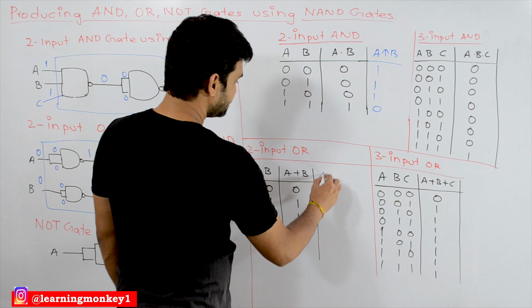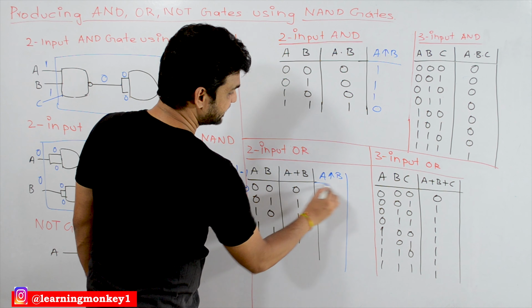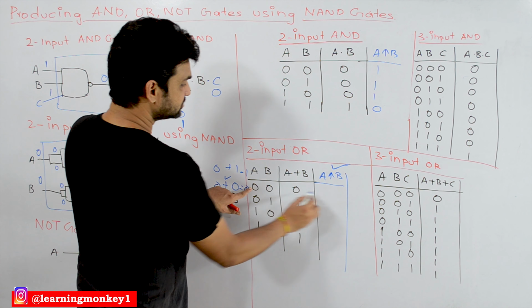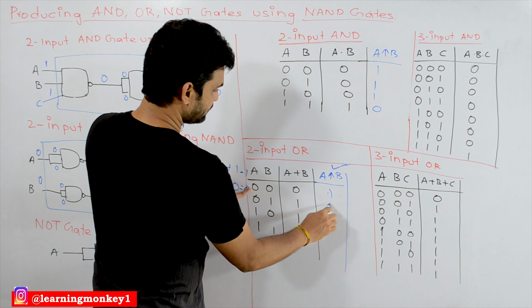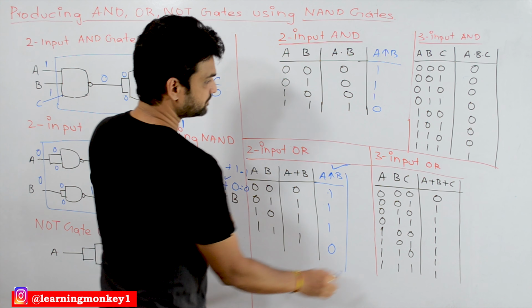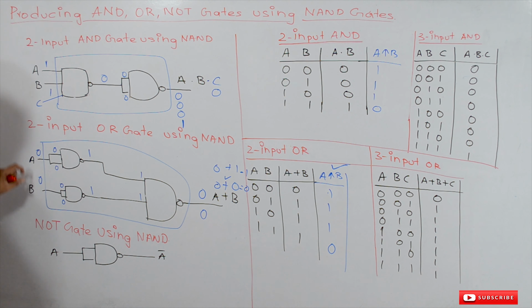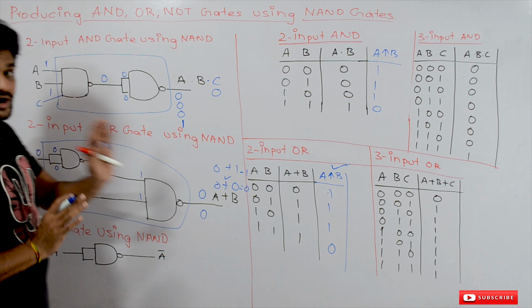Similarly, this truth table is for a 2-input NAND gate, which produces 1 1 1 0. Now we are going to check for the input 0 1. If you give the input 0 1 to this circuit, it has to act like an OR gate.